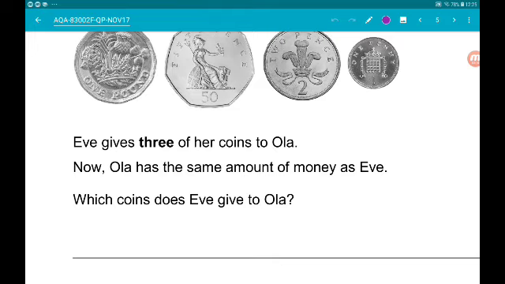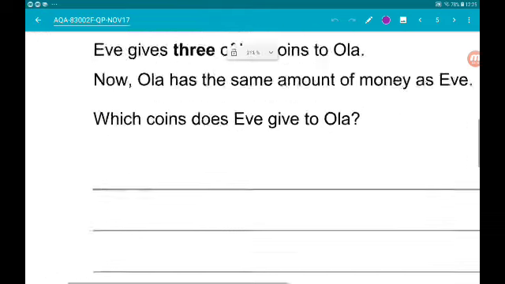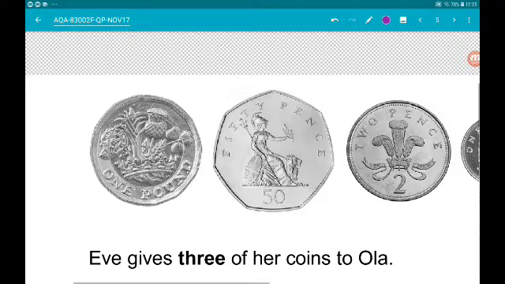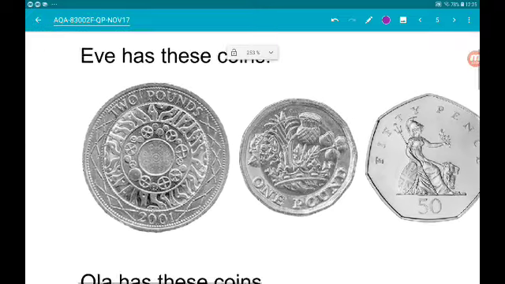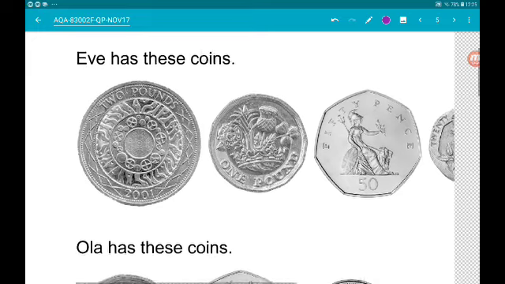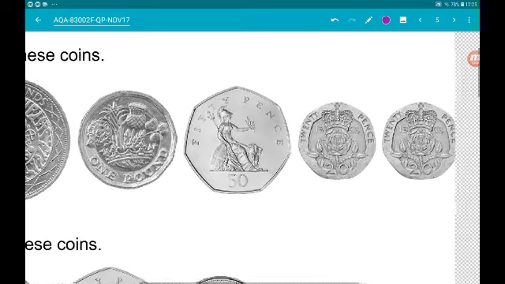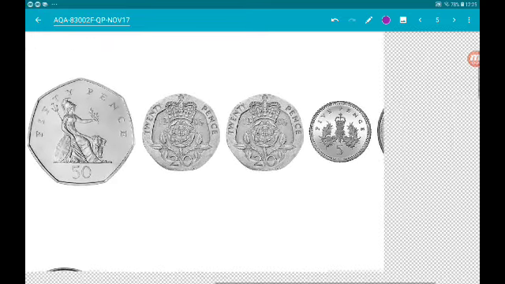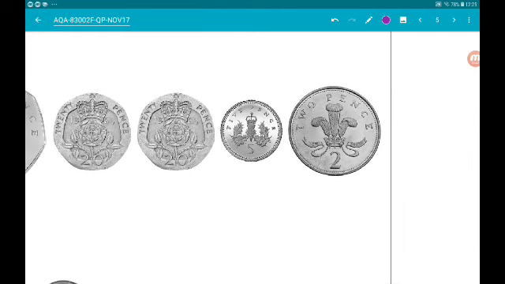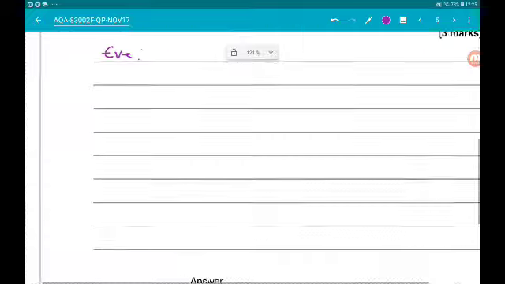Which coins does Eve give to Ola? Okay, first off then, let's work out how much Eve has. So she's got a £2, a £1, so that's £3, £3.50, £3.70, £3.90, £3.95, £3.97.